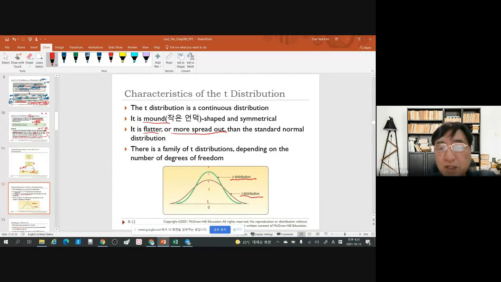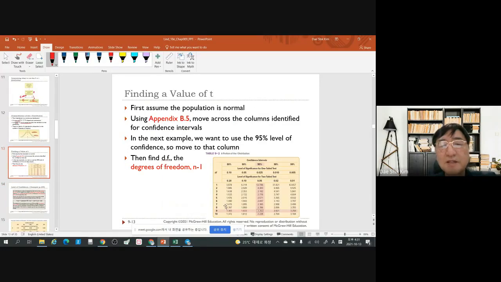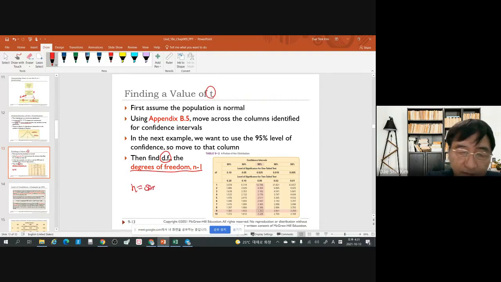In that case, we need to find the t value differently. How can we find it? We need to know the sample size, and n minus 1 is called the degrees of freedom.